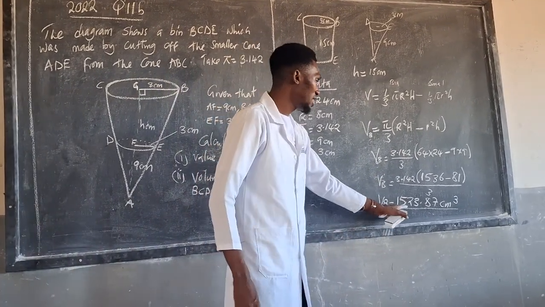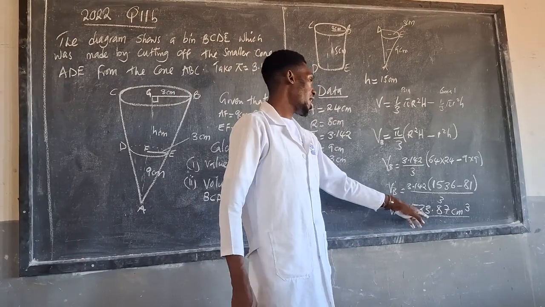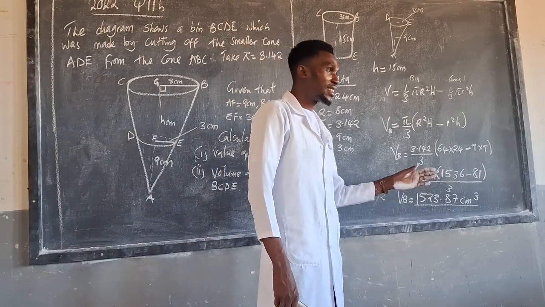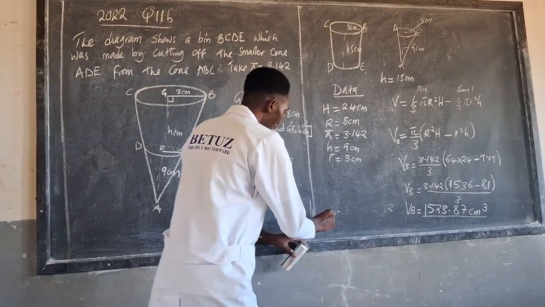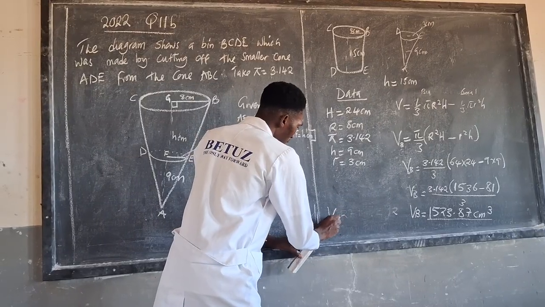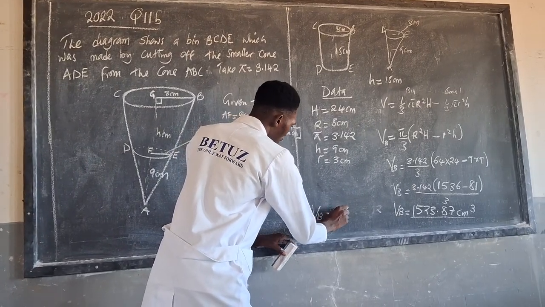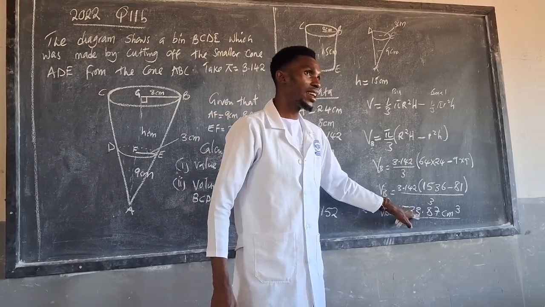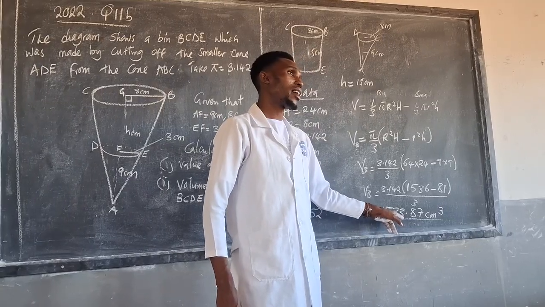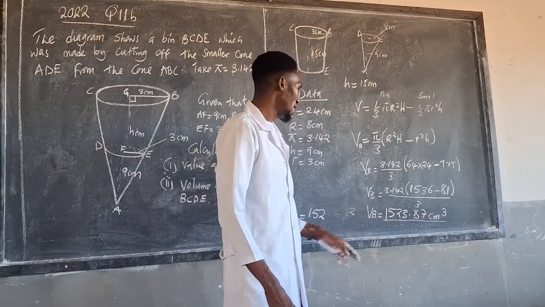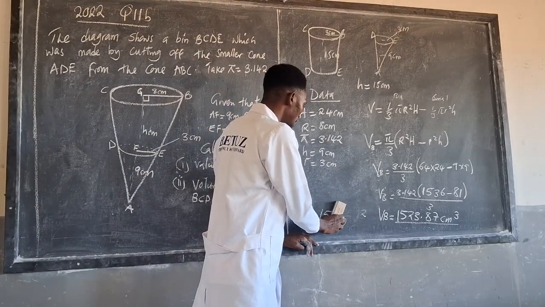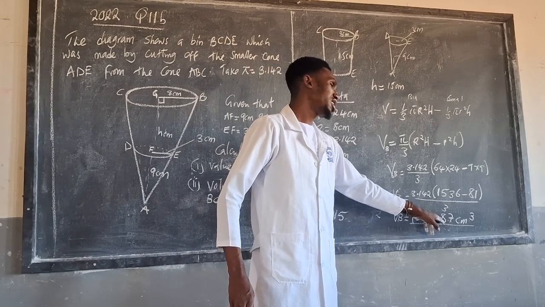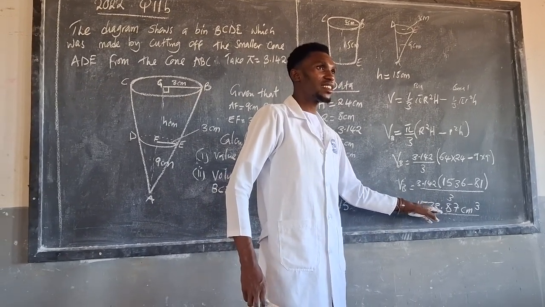So rounding off to 3 significant figures, here we are going to round off to the nearest 10. So our volume for the beam will be equal to 1, 5, then the 3 will be the one which will be affected. What is the nearest 10 of 23.8?